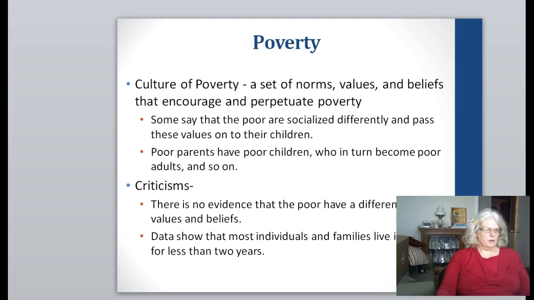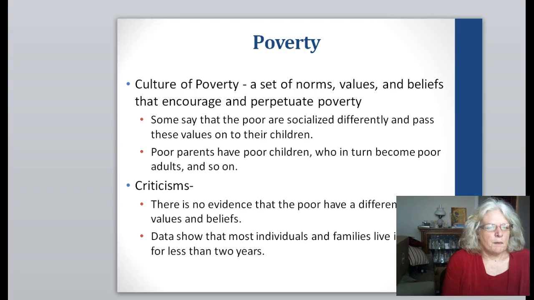So poverty, the culture of poverty, is out there. It sets norms and values that encourage and perpetuate poverty. Some say that the poor socialize differently and pass on values. When we study working class grandparents versus middle class grandparents, we find that they grandparent differently.